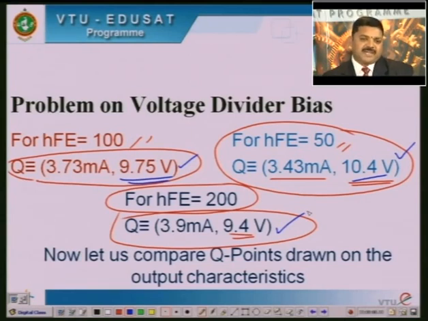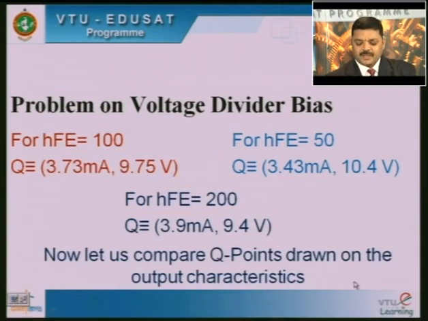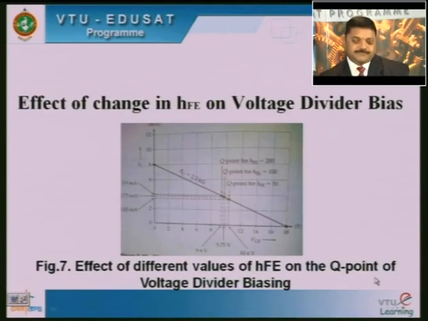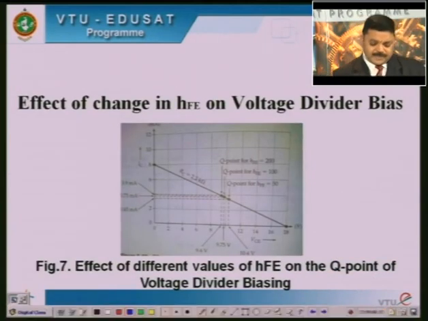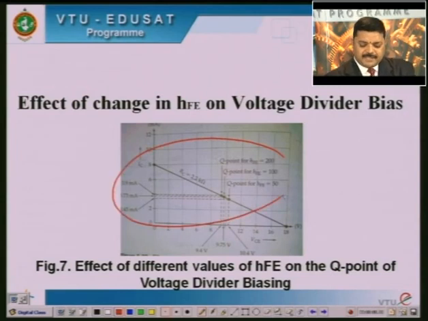Now, let us compare all these operating points by drawing them on the output characteristics of the transistor. If you can see this diagram, here you can see the operating points. The operating points here are very close.